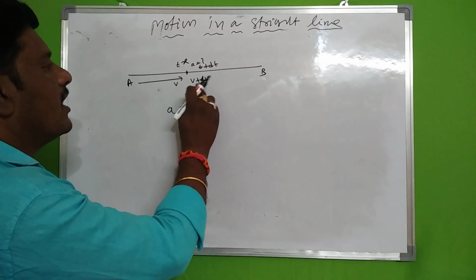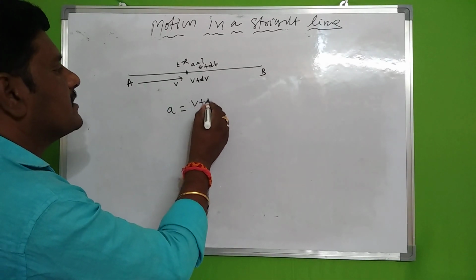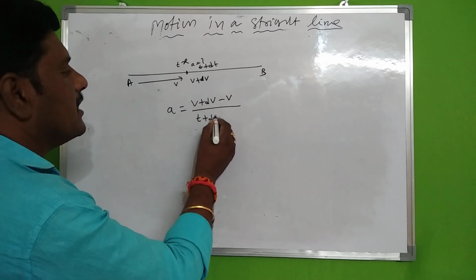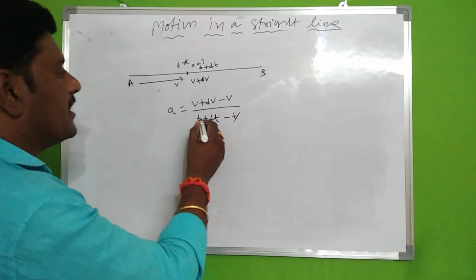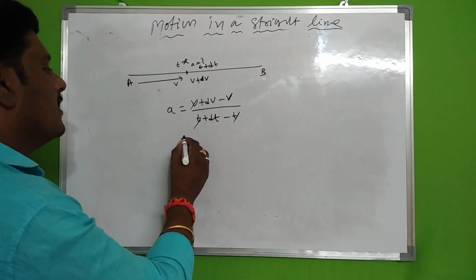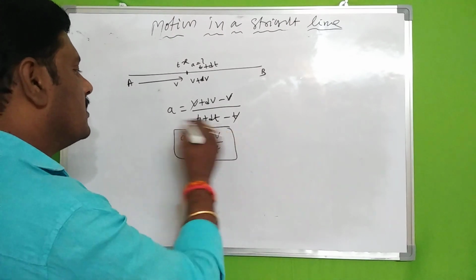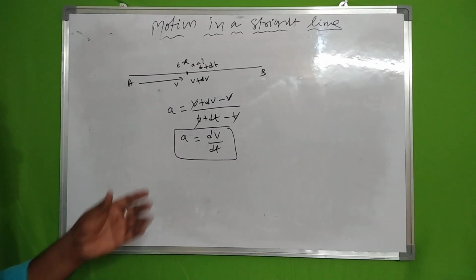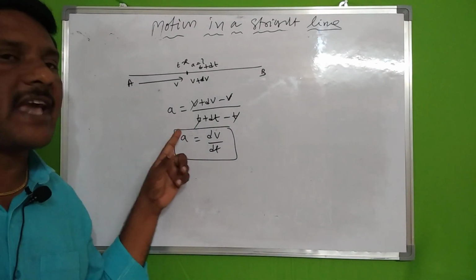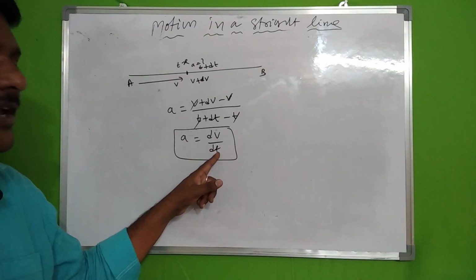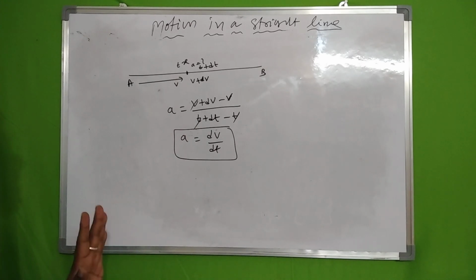Final velocity is v plus dv minus v, by t plus dt minus t. The t's get cancelled, the v's get cancelled. Therefore, a equal to dv by dt is known as instantaneous acceleration.